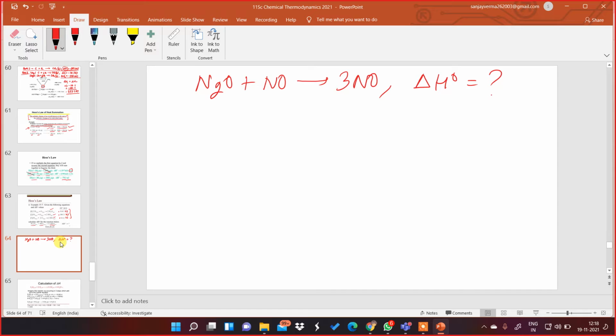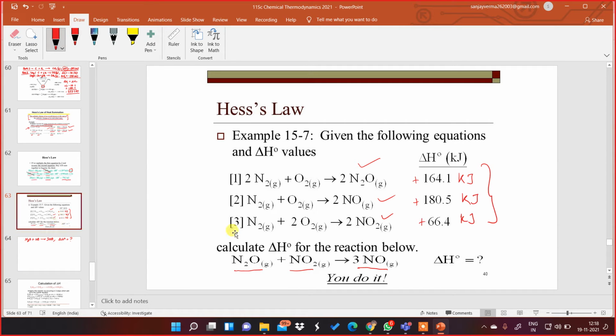Now the values given over there are the values given in the previous slide. Just check the enthalpy for the formation of twice N2O. It is plus 164.1. But here it is only one time. Will it be half of that? Yes, half, sir.